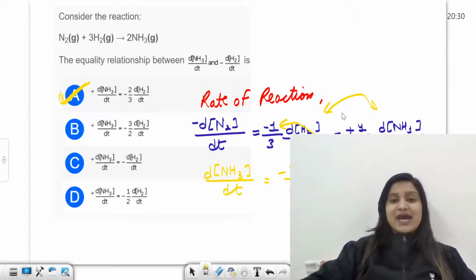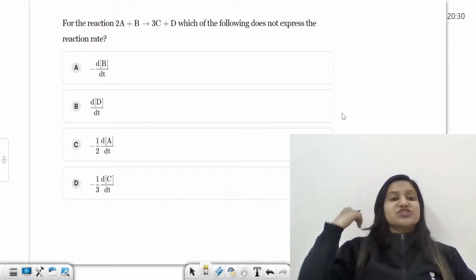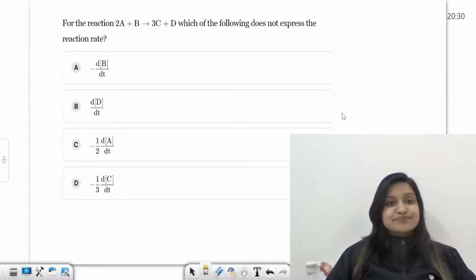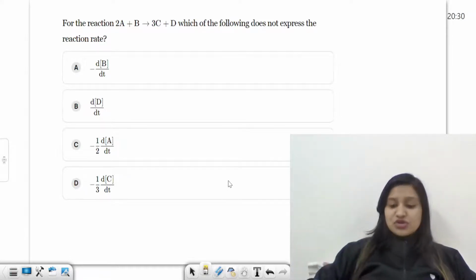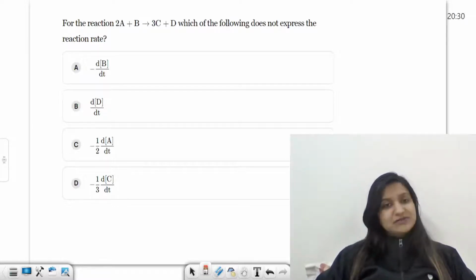Now let's look at the next question. For the reaction 2A plus B gives us 3C plus D, which of the following does not express the reaction rate? All right, so let's write the rate of reaction expression as usual.